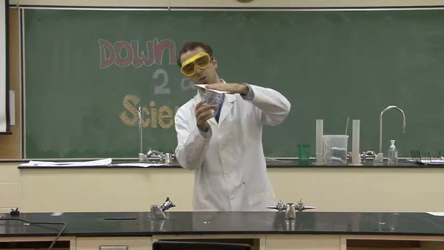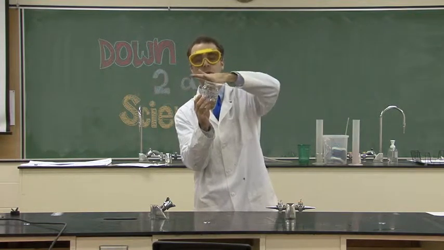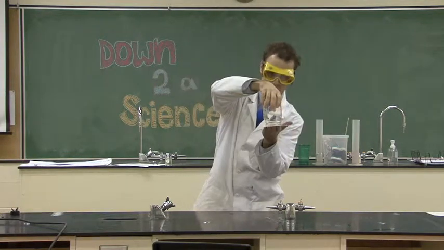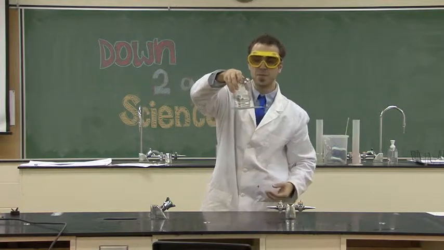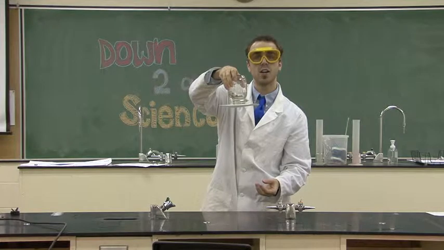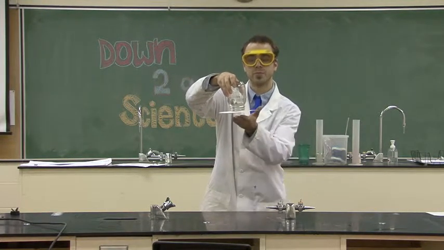If I place this cue card around the mouth of the mason jar and flip it upside down, the atmospheric pressure pushes back on the card, allowing the card to stay in place, meaning the water can't get out.